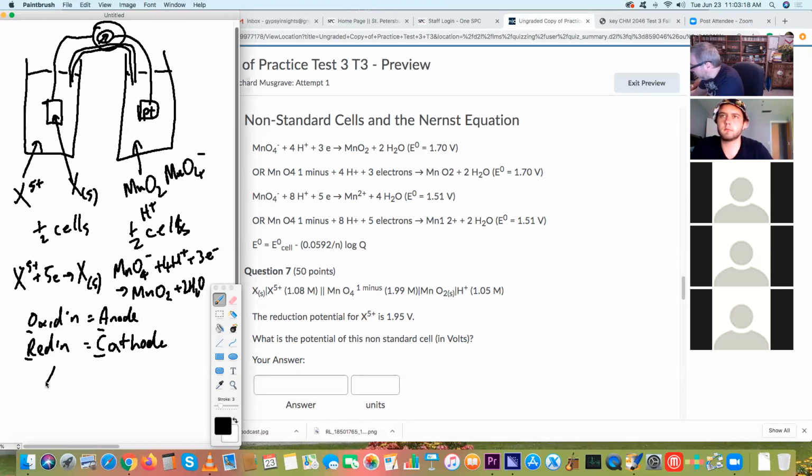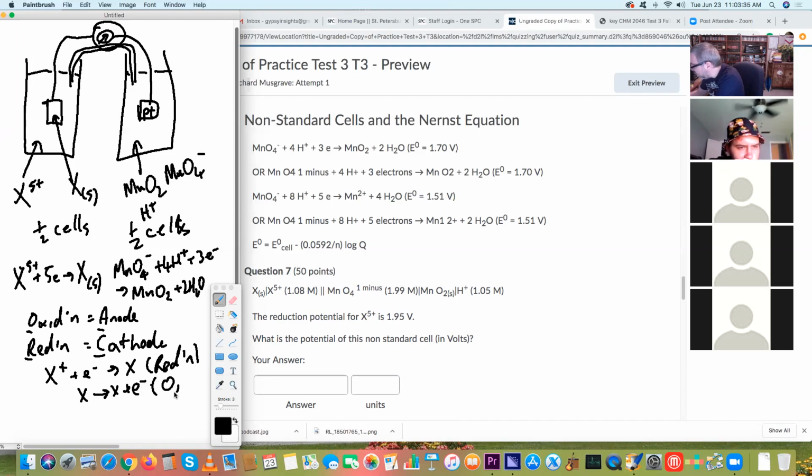And if you've got any situation like this, that's going to be a reduction where the electrons are on the left side, and when they're on the other side, that's an oxidation. And that's really all you need to know.